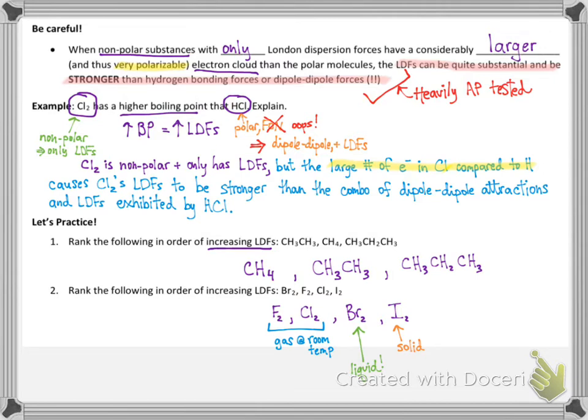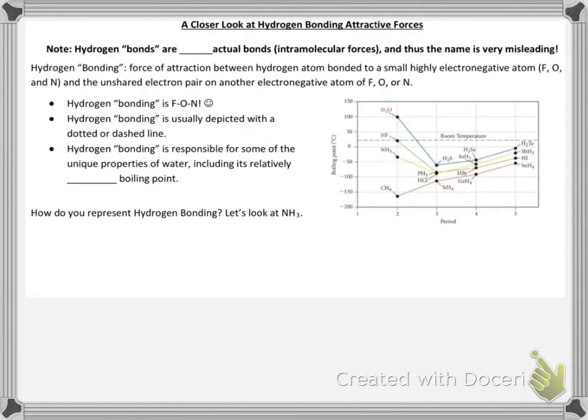a very significant effect. Okay, let's move onward and upward and take a closer look at hydrogen bonding, the most poorly named in all of chemistry, because hydrogen bonds are not chemical bonds.